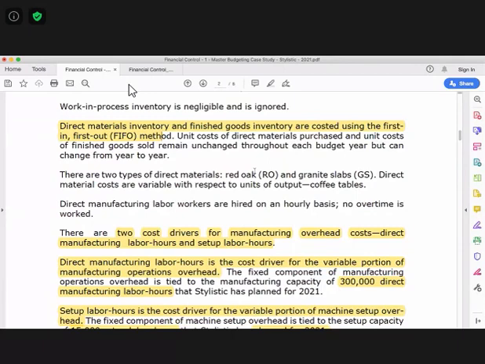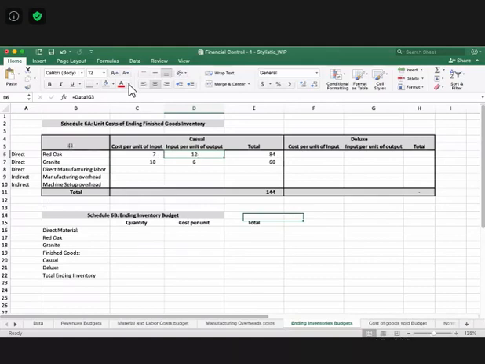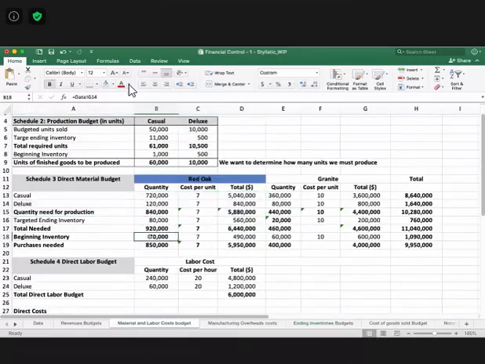So certainly what we have in the ending inventory budget is made of the last purchases of Red Oak, right? Because we usually use the beginning inventory first in our production, and then we use the newly bought units of Red Oak.